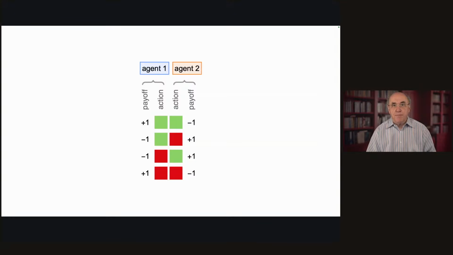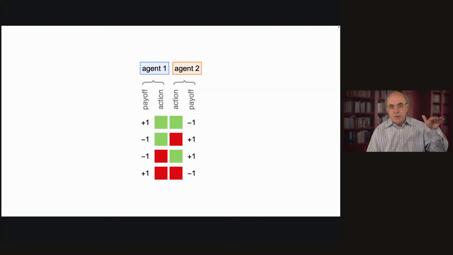Here's the setup. Two possible actions for each player indicated by red and green. I'm going to take the payoffs, what we're starting with here, to be the ones for a classic match or not, so-called matching pennies game, in which player one has the bigger payoff when there's a match between the actions of the players, and player two gets the bigger payoff when there isn't a match.